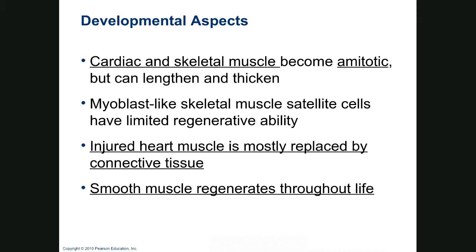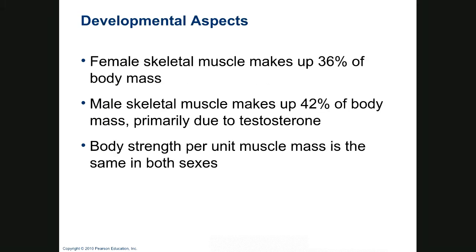Injured heart muscle is generally replaced by connective tissue. Smooth muscle continues to regenerate through life. Now, female muscle mass makes up about 36% of body mass, male 42% because of testosterone.